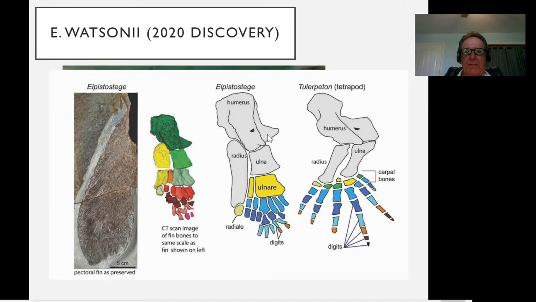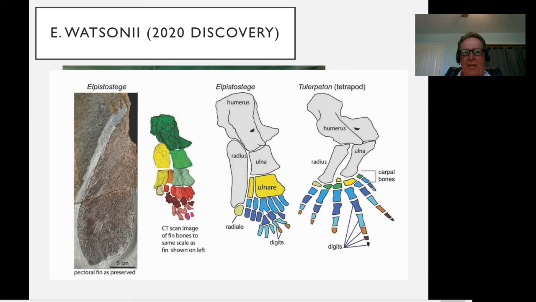So this is E. watsoni here, and you can see they did a CT scan of the fin bones, same scale as shown on the left. And so this is the fish, this E. watsoni, and this is a tetrapod, and you can see the similarities in terms of the structure. Both have a very similar shape humerus, both have a radius ulna.